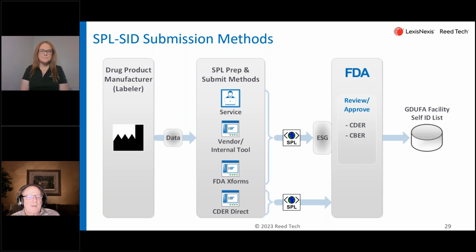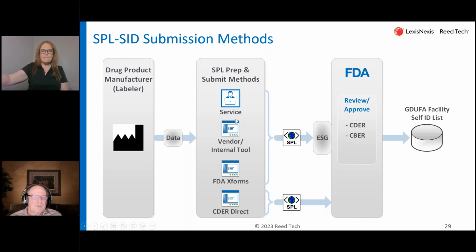For this particular topic, there are a couple of different methods once you create that SPL, and you have some options available. You might have an outsourced service engaged to create that data set inside that XML format.